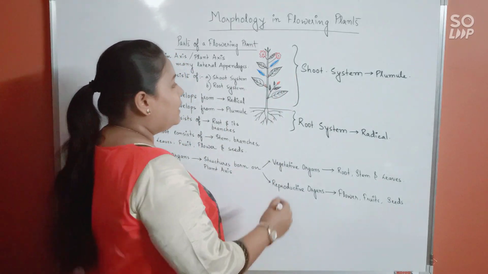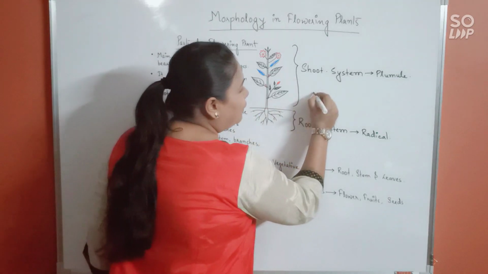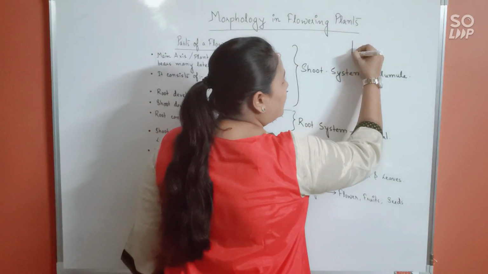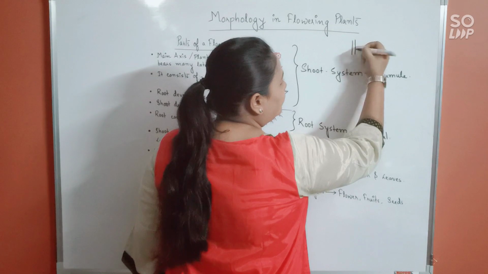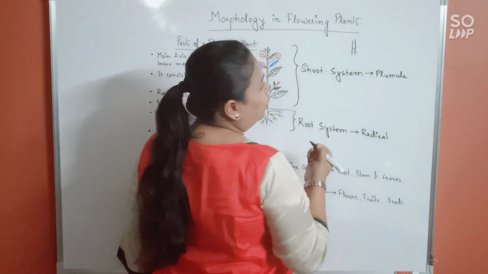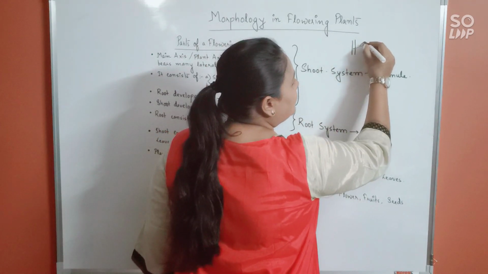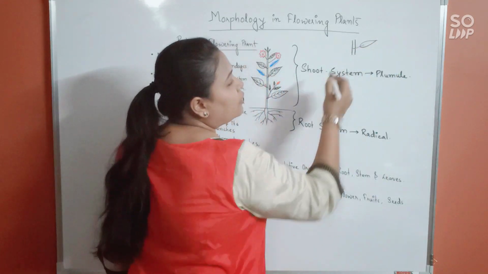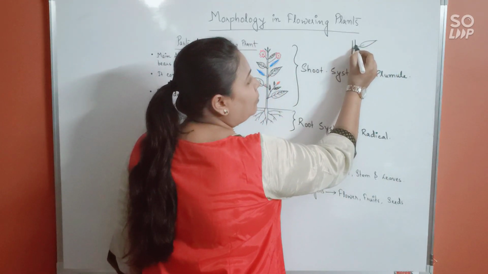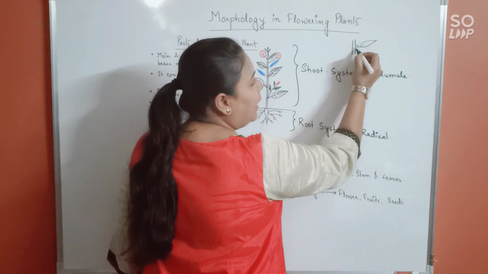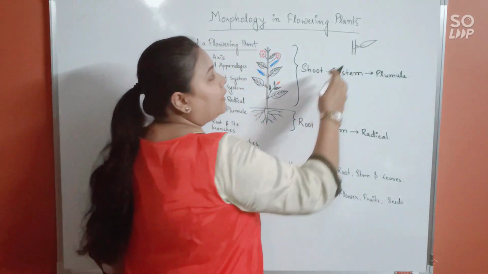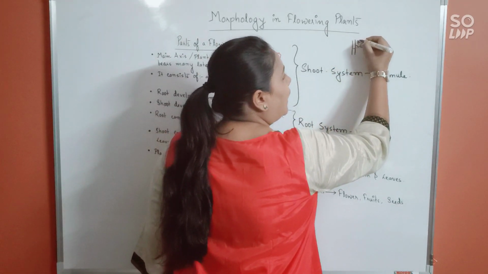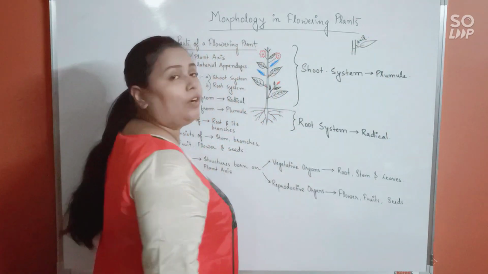Alright. And from, see, if this is the stem and this being the node and this is the leaf, right? So here there is an angle formed between the stem and the leaf. This angle is called axil. Alright.